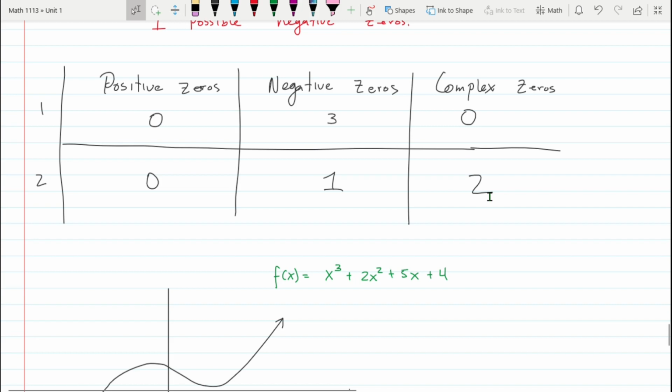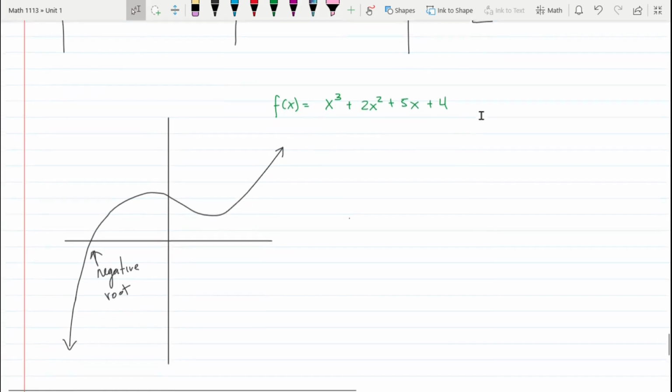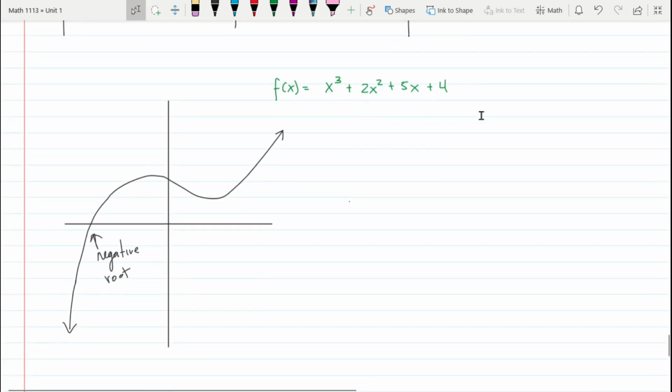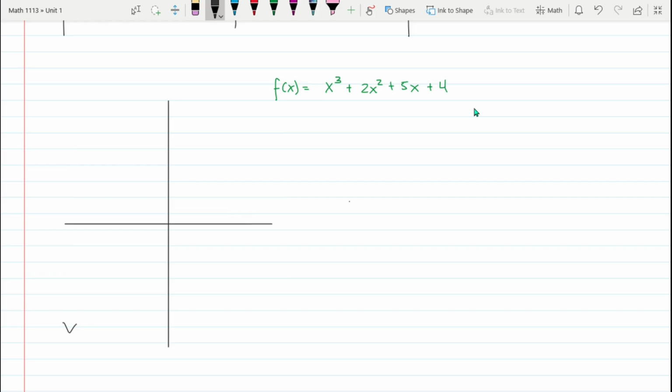But what if it was this one right here? Case number 1. What would the graph look like? Well, the graph is going to look like the following if it is the case. So it would have 3 negative zeros, meaning 1, 2, and 3. Something like that, right?